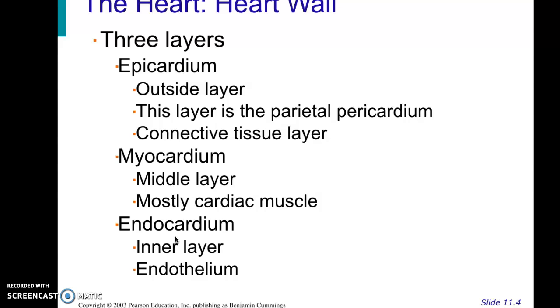The epicardium is on the outside, and this is that actual visceral pericardium, and it has a layer of connective tissue over it. The myocardium is in the middle, and the middle layer is cardiac muscle, and then the inner layer is an endothelium.